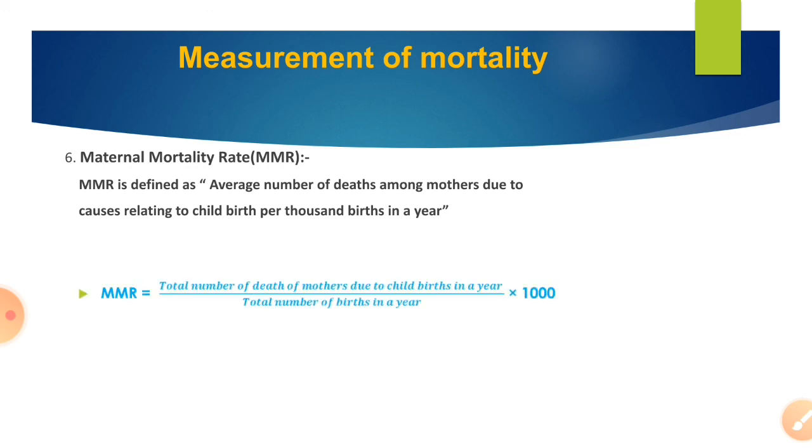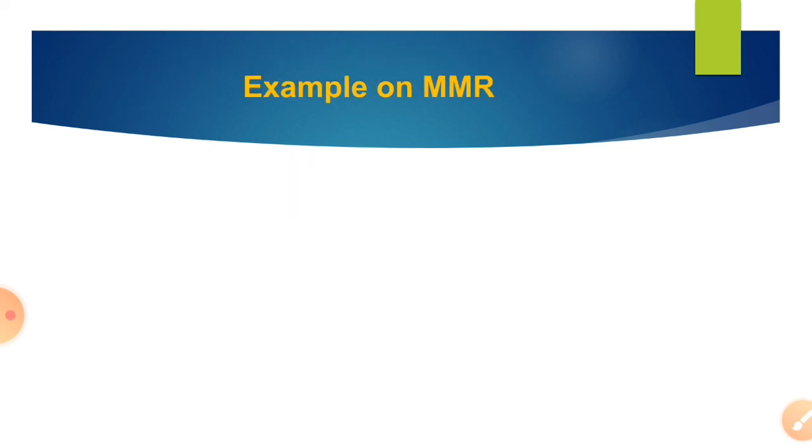The formula of MMR is equal to the total number of deaths of mothers due to childbirths in a year divided by the total number of births in a year, into 1000. MMR is an indicator of advancement in medical facilities and maternity facilities, specifically the availability of medical care at the time of delivery.